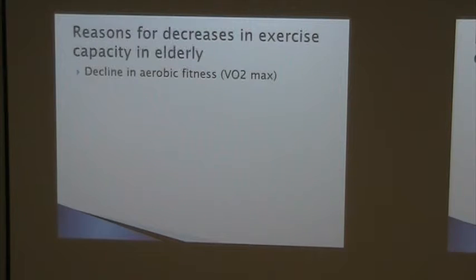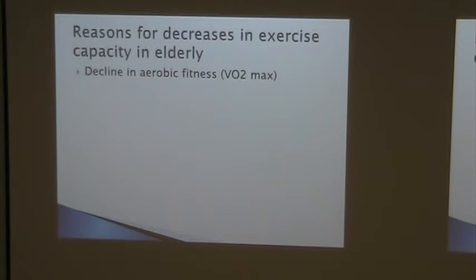Your max heart rate decreases because of neural changes. The electrical stimulation in your heart changes as we get older, and your max heart rate just goes down, and that's not going to change. That decrease in max heart rate is a big reason for the decrease in cardiac output. Your stroke volume doesn't decrease as much, but you're still going to have a little bit of that happening.